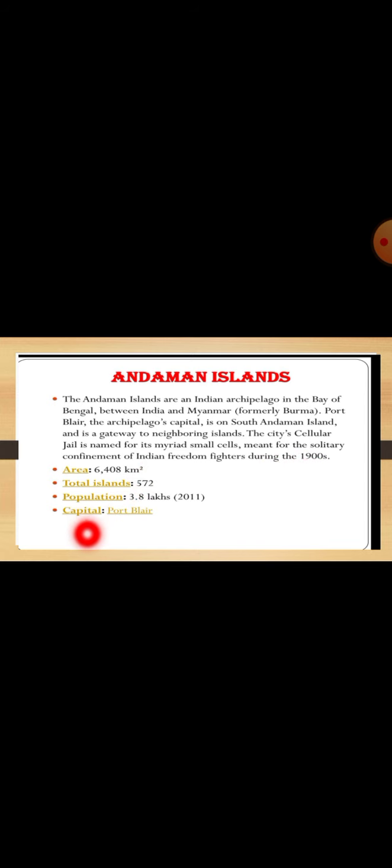So, the capital city of the Andaman Islands, Port Blair, population 3.8 lakhs. The total islands in the Andaman Islands: 572. The total area: 6,408 square kilometers. Let's see the Nicobar. Nicobar, the total area 1,841 square kilometers and the elevation 642 meters.